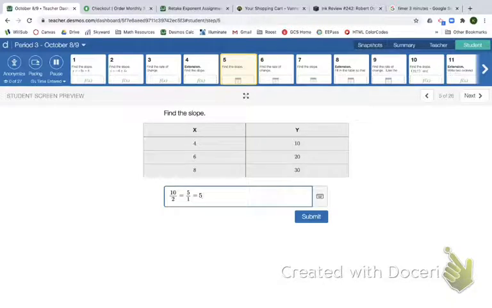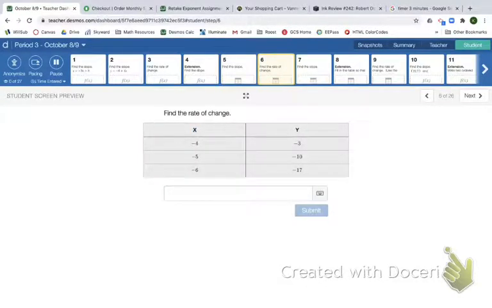You can write it as a reduced fraction just like I have, but you need to have that 5 over 1 or 5 in there at some place. If you left it as 10 over 2, you need to make sure that you're simplifying it. If you put it as 2 over 10, it means that you flipped the ratio and put the change in x over the change in y instead of the change in y over x.